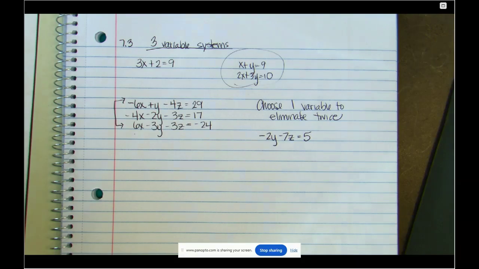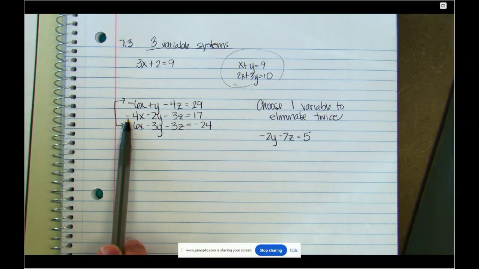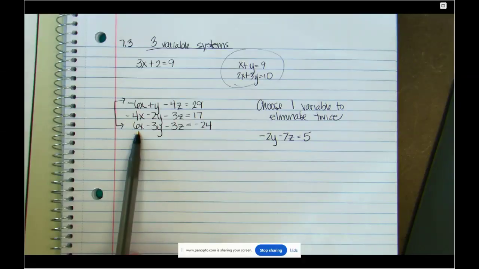Frankly, if it was me, I would choose the bottom and the middle because they're opposite signs. And I'm going to go out on a limb here and multiply this by 1.5. Because what's 4 times 1.5? 6.